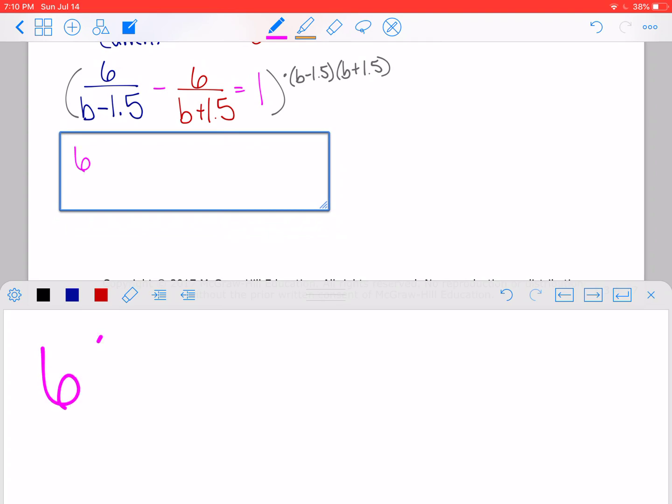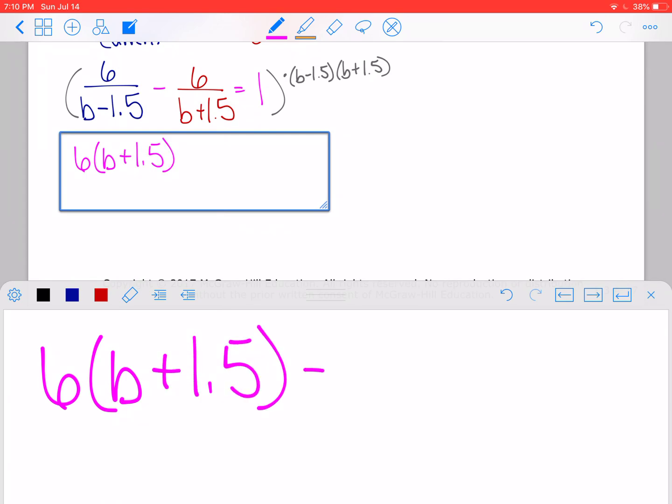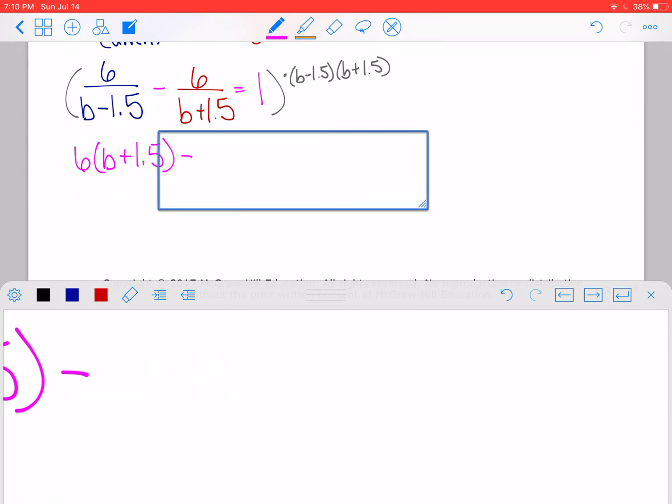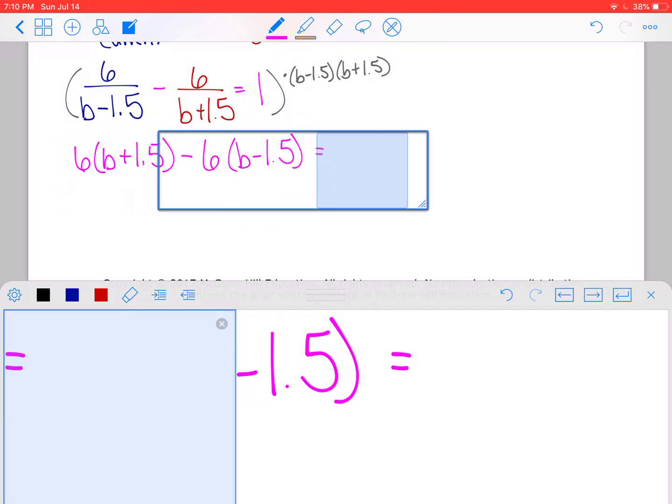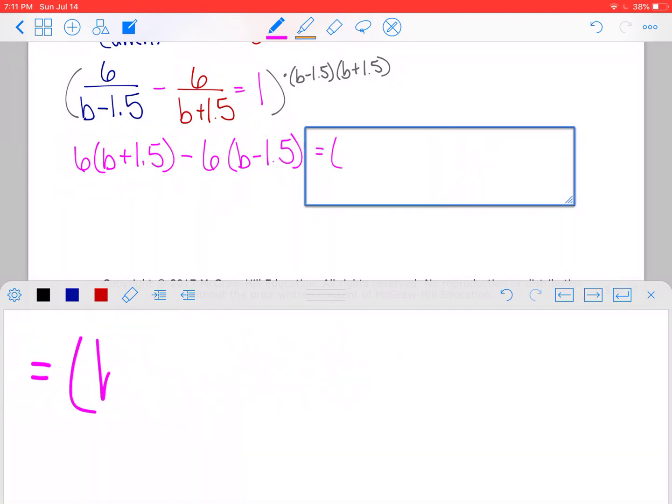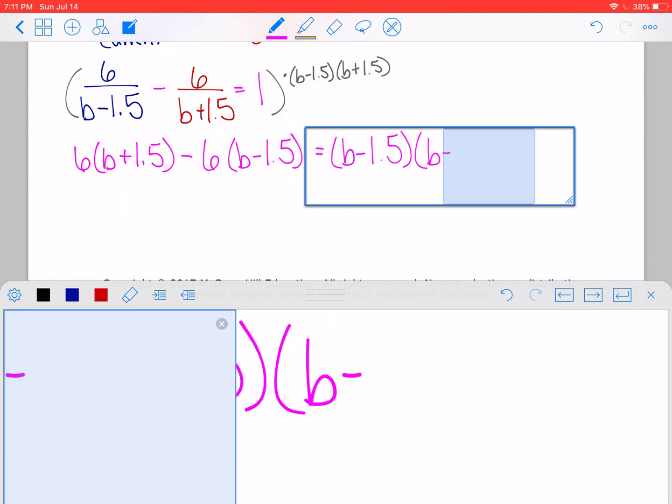So we're left with 6 times b plus 1.5. The b plus 1.5 cancel out in the next term, so we've got 6 times b minus 1.5, and then we're multiplying all of it by 1, so we have all of b minus 1.5 times b plus 1.5 here.